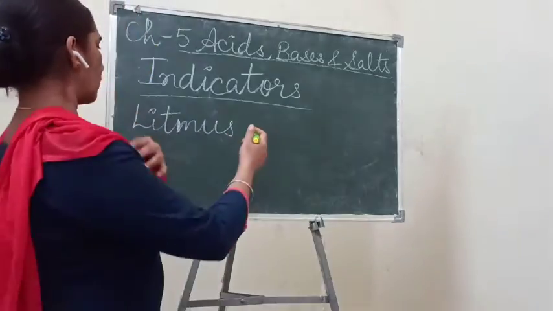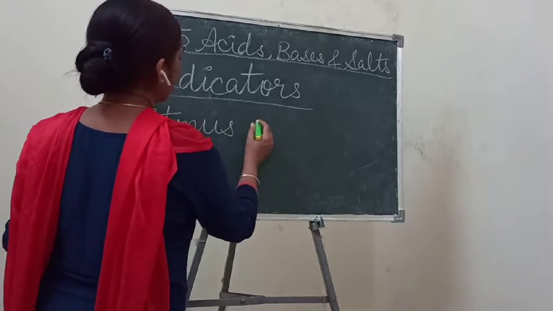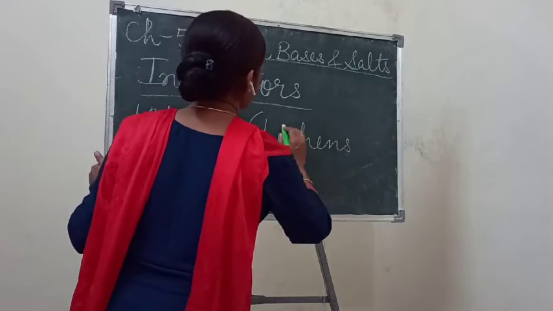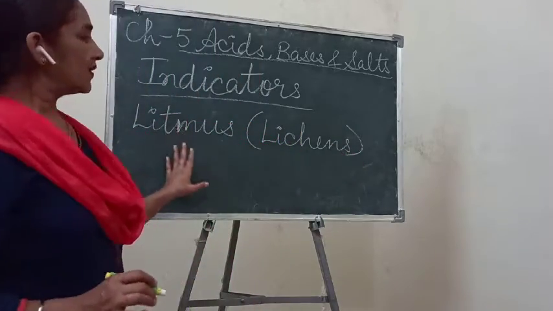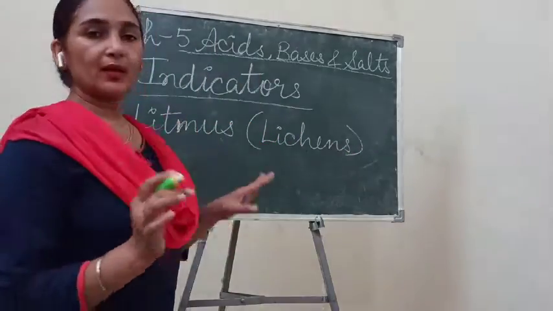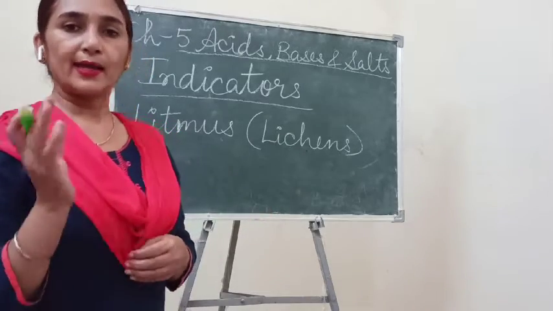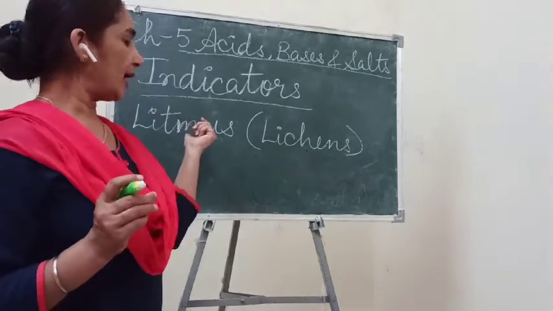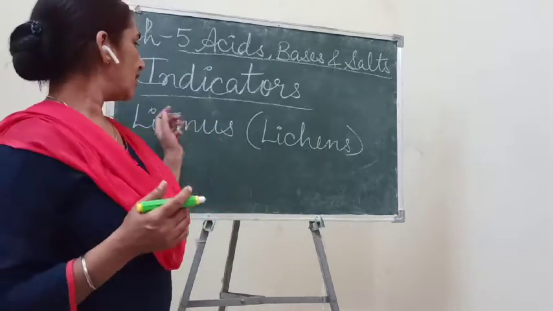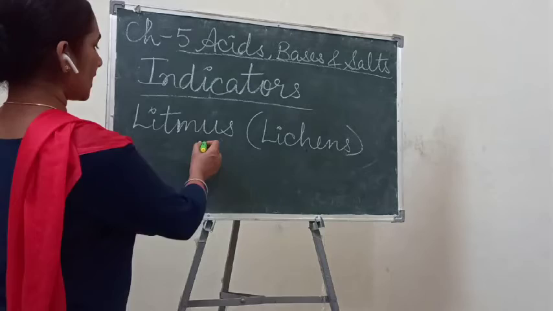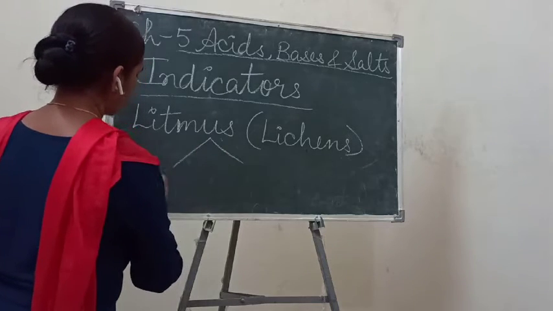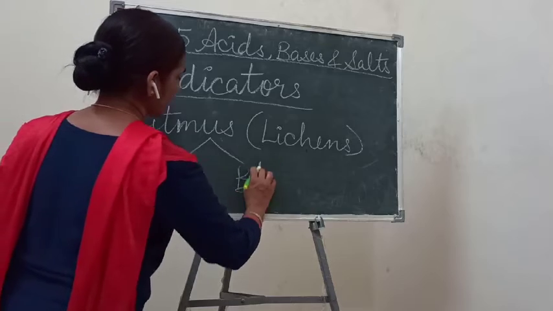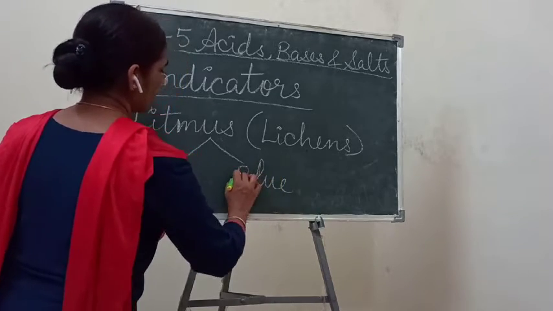I have told you in the last class that litmus we obtain from lichens, and this litmus comes in the form of solution as well as in the form of papers. Okay, so I have litmus papers. Litmus papers are of two colors. One is red litmus paper and the second is blue litmus paper.